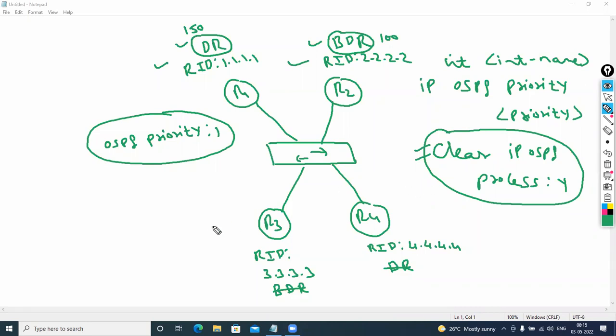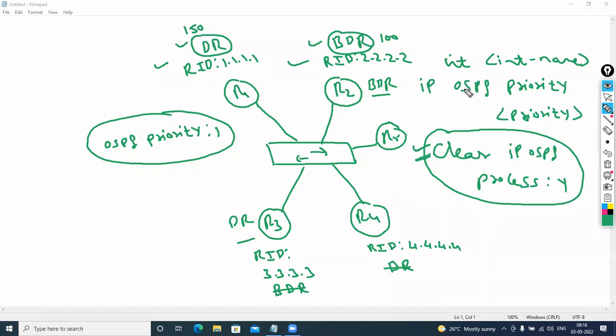Election will happen. Let us consider we have 3 routers: one will become the DR and another the BDR. Once you connect R4 and R5, again you need to clear the IP OSPF process, otherwise they will not re-elect themselves. Here R3 will remain as the DR and R2 will remain as the BDR. So overall, when everything is powered up and configured, then we have to clear it. You are right. I hope this part is clear.